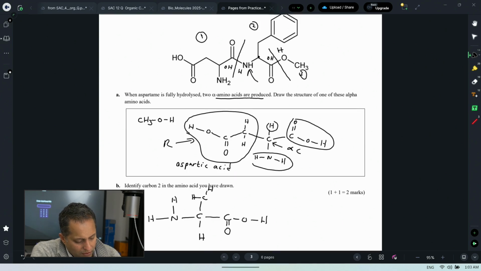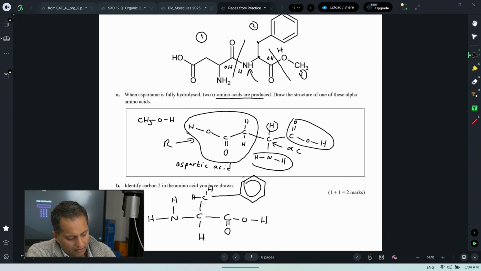Be careful drawing these things. I'm not really a fan of drawing these things. This is the carbon, and that's the CH2, and that is attached to a benzene ring.